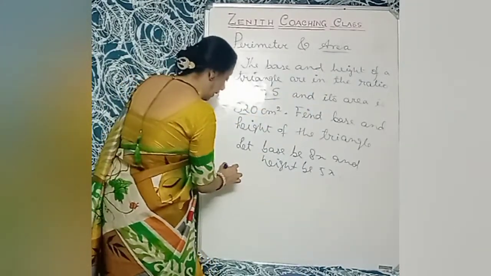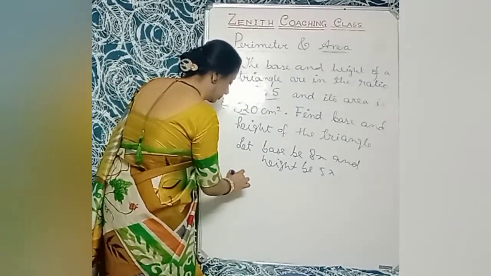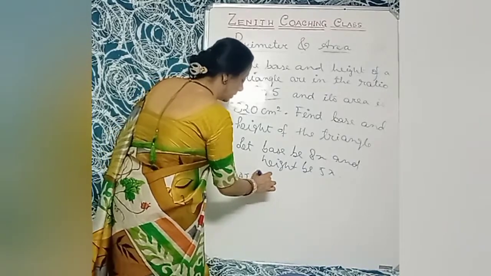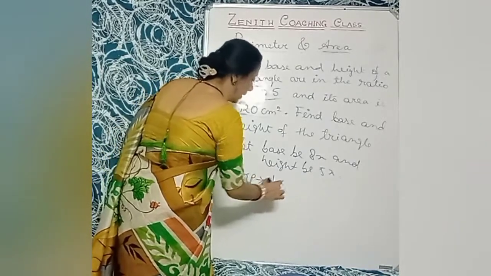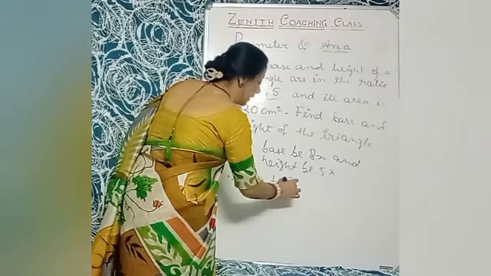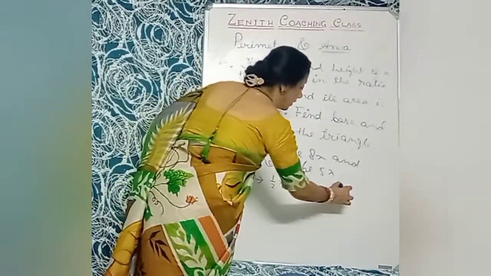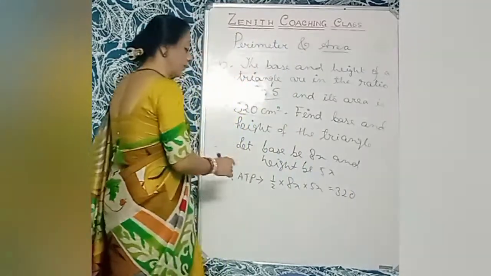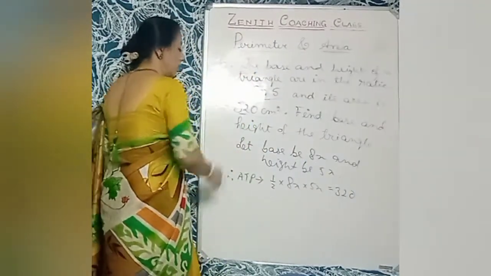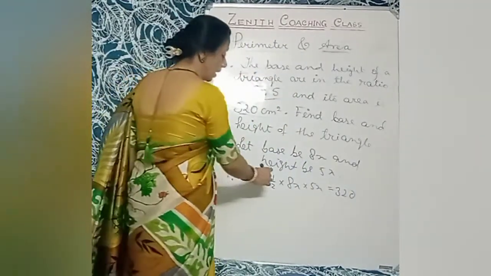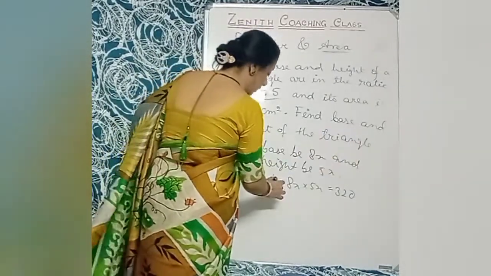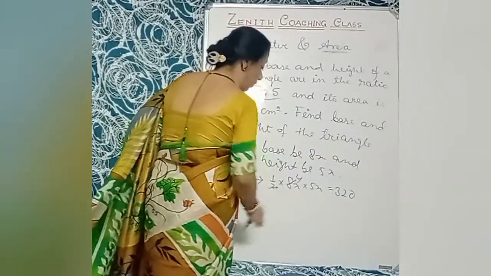Okay, so according to the problem, half multiplied by base, that is 8x, multiplied by height equals 320, because half into base into height equals area. So area is 320. So half into 8x into 5x equals 320. So cut 2 and 8, that is 4.